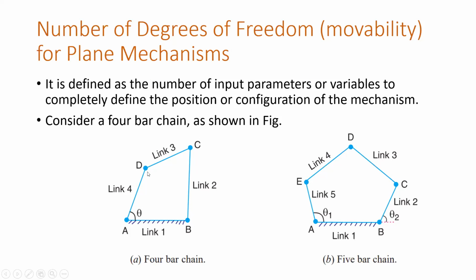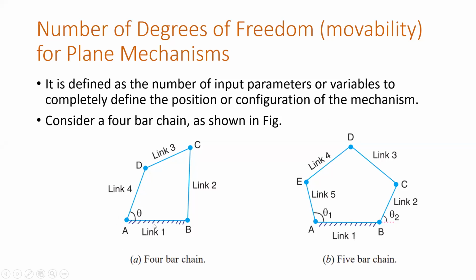Technically, degrees of freedom of any mechanism is the number of input parameters or variables to completely define the position or configuration of the mechanism. So how many variables or parameters do you need in order to completely locate the mechanism in space?